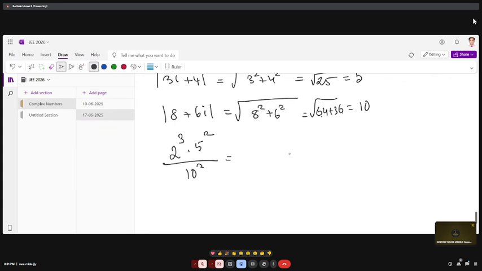Okay, so it is 2 cube. 2 cube is 8, right? 5 square is 25. 10 square is 100. So you can simplify. So what you get is 2.